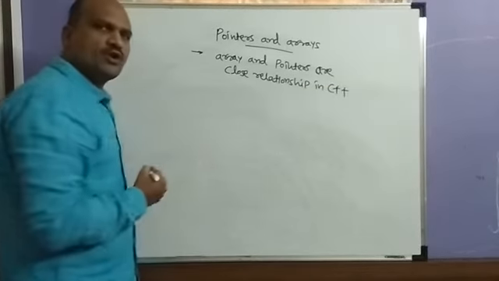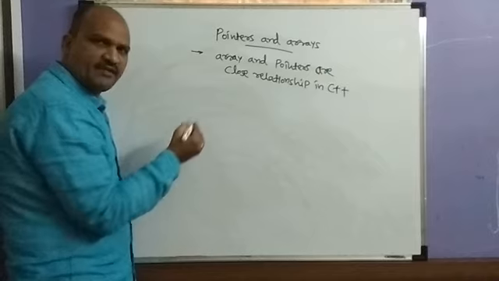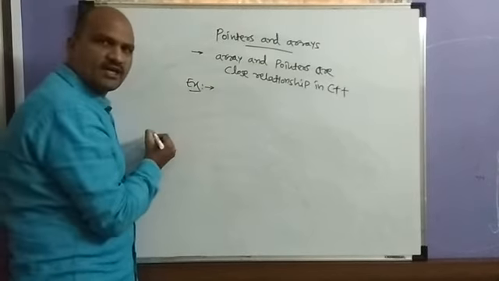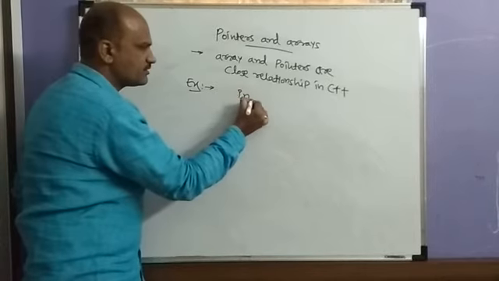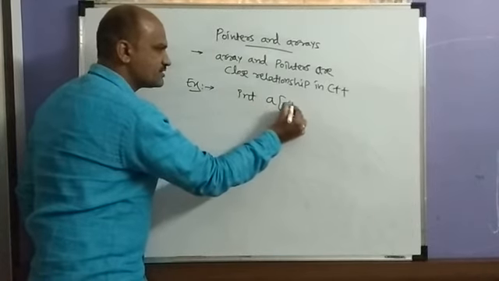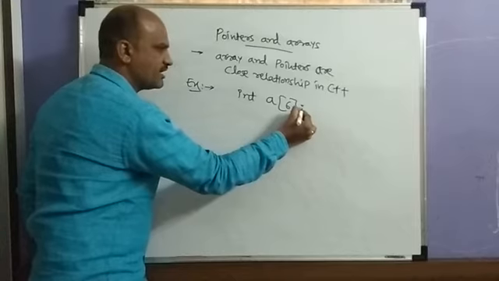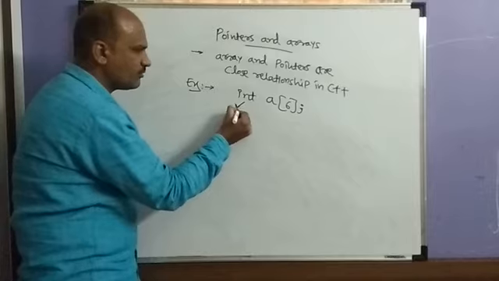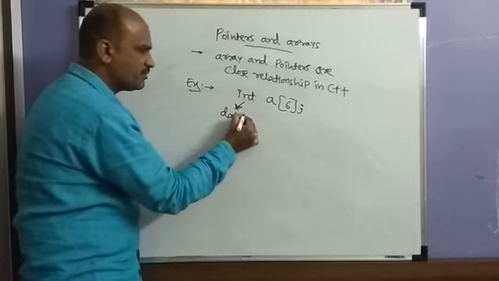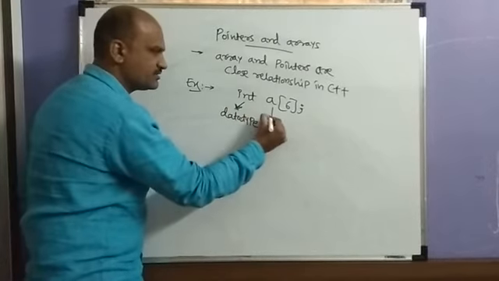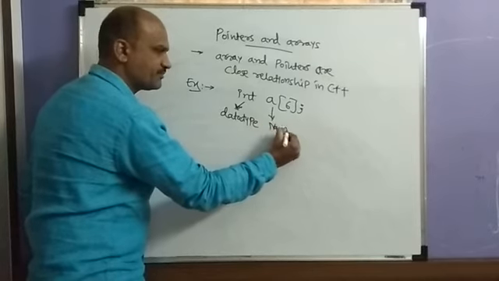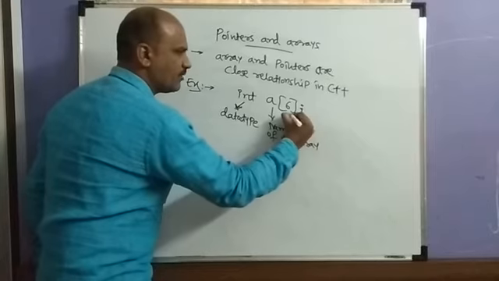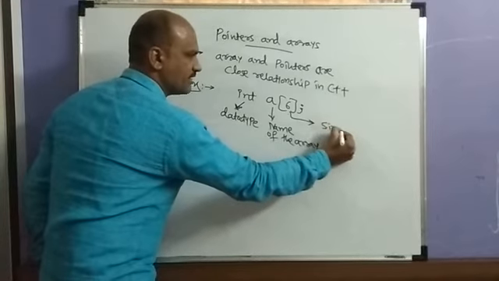As already you know how to declare an array, if I take an example, integer a of 6, this is how I declare the array. As you know, integer is the data type, then a is the name of the array, and whatever 6 is given is the size of the array.